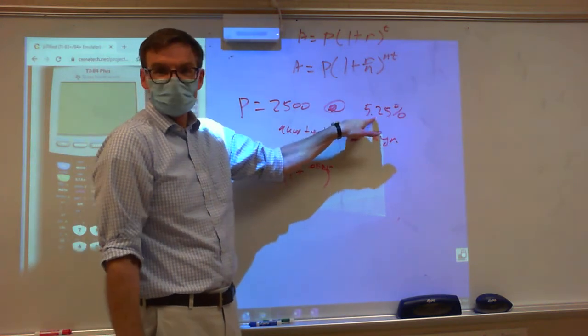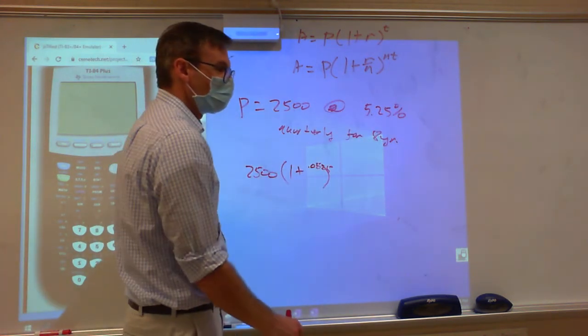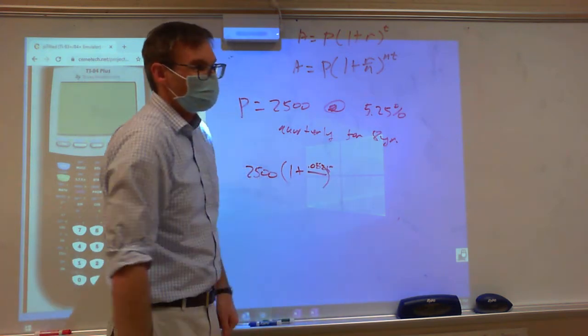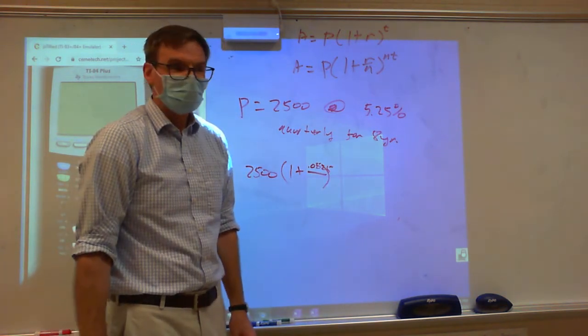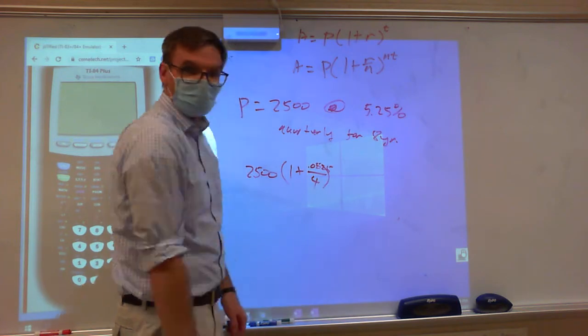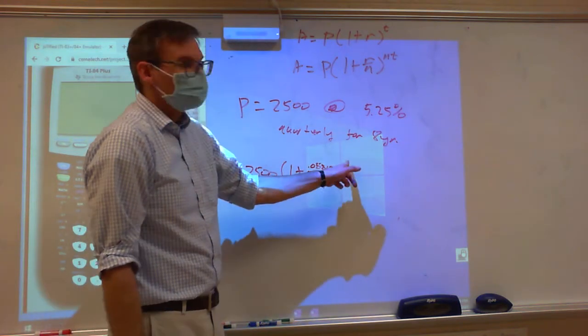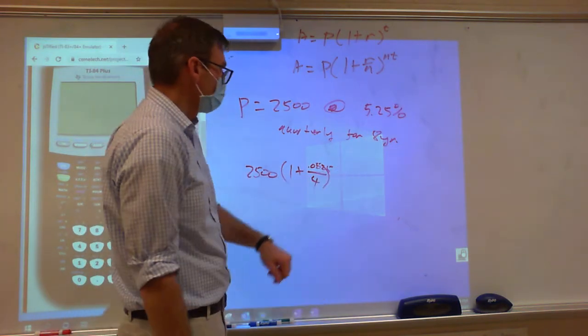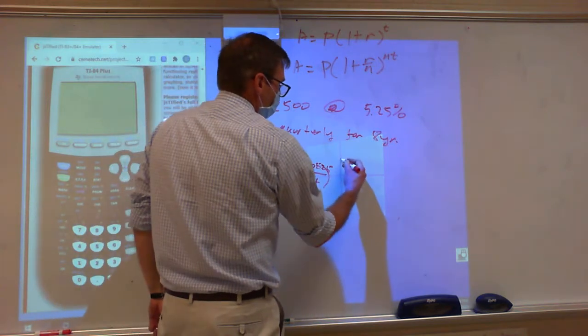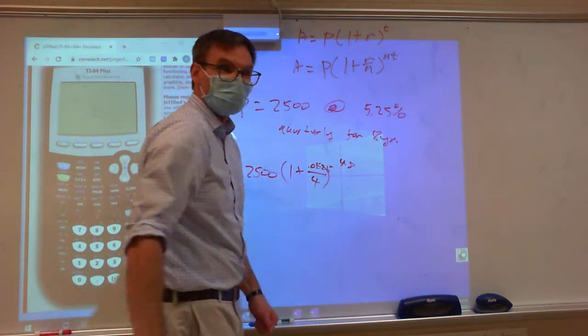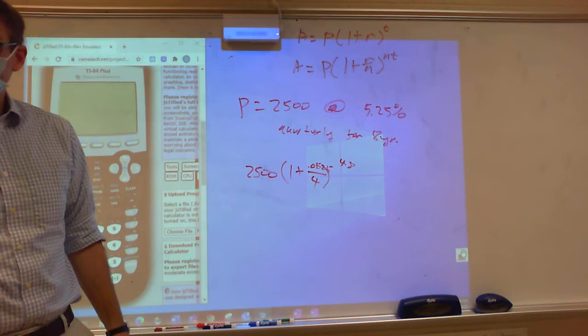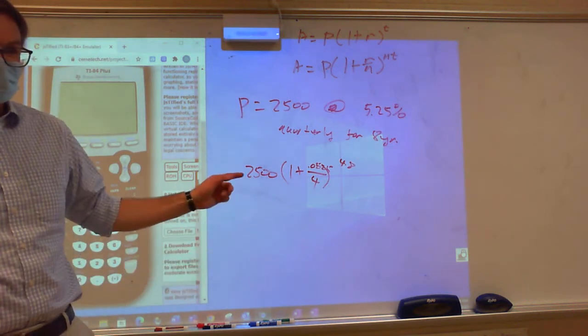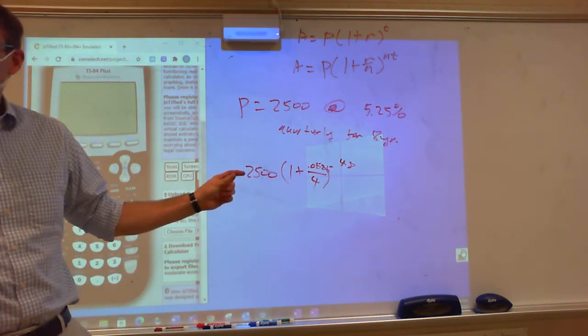Because whatever your percentage, you've got to move it over. If you're compounding quarterly, you've got to divide it by 4. And what's your exponent? 32. And you got that by doing 4 times 8, right? Everybody see how that works?